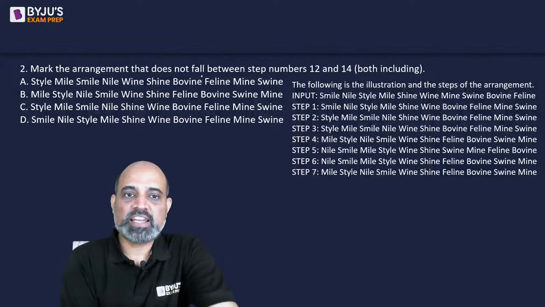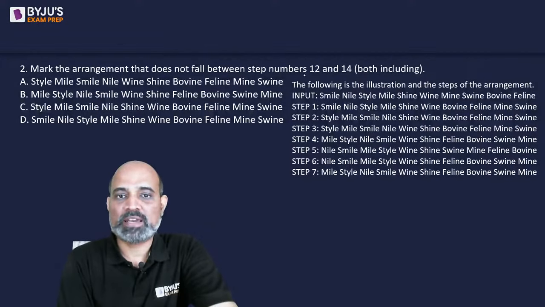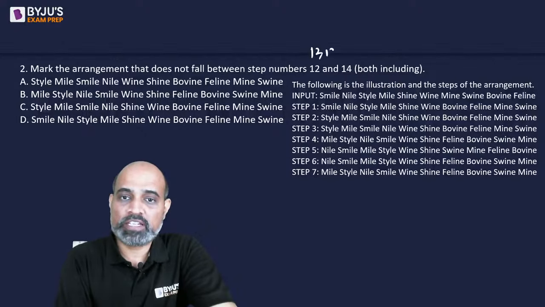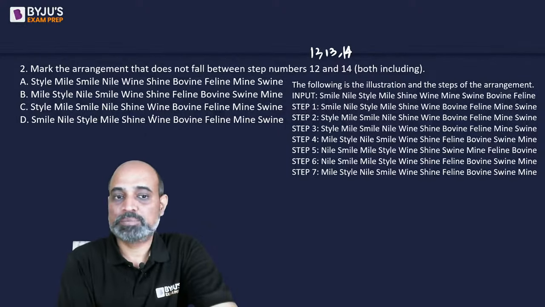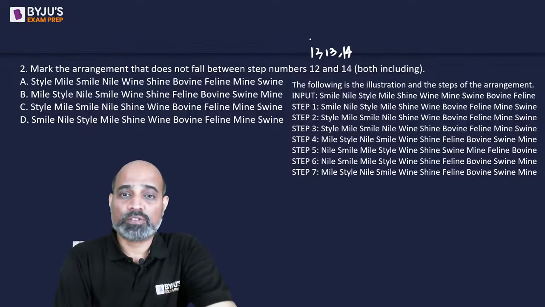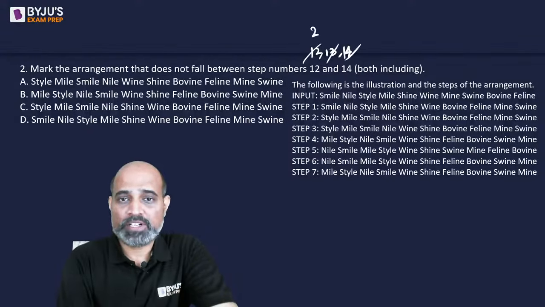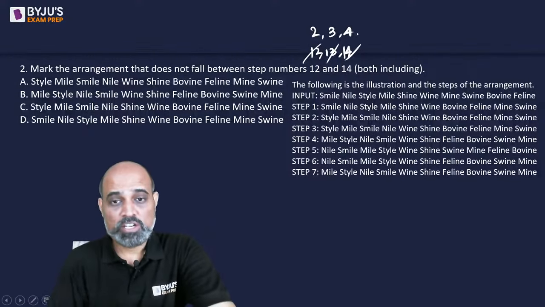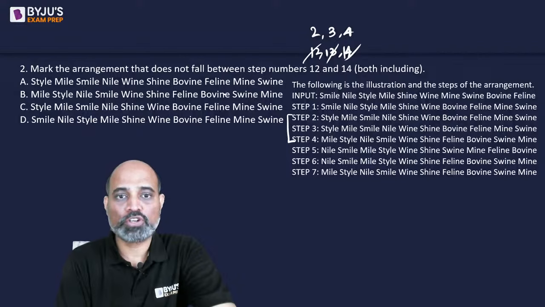Next is mark the arrangement does not fall between step numbers 12 and 14 both including. यानी कि 12, 13 and 14 पे कौन से steps नहीं आएंगे. In other words, 12, 13 and 14 can be treated as second, third and fourth step because cyclicity of 10 again. So second, third and fourth should not be seen.